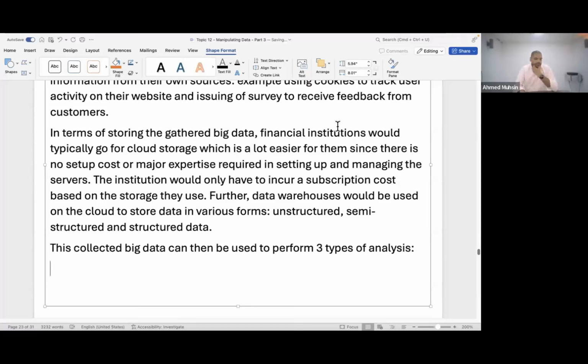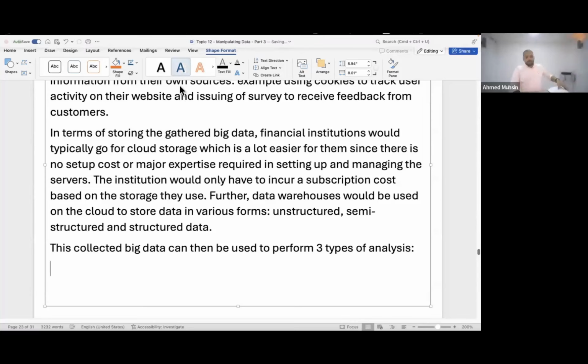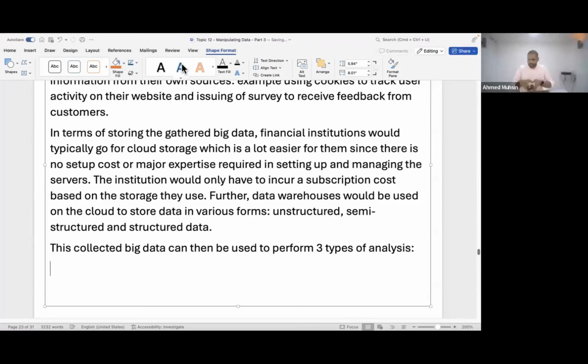Guys online, what is it when you look at the past and understand what has been happening, looking at your data to understand what your organization has been doing? Somebody has messaged: descriptive analysis. Exactly.